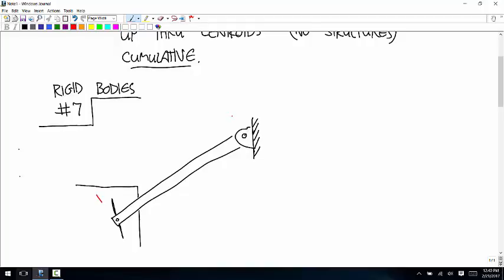The length of the beam is 4 meters. And the mass of the beam is 850 kilograms.